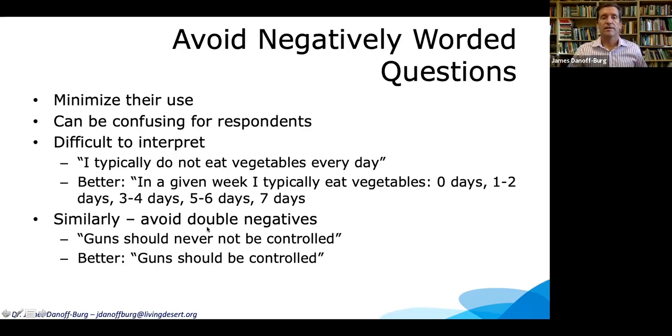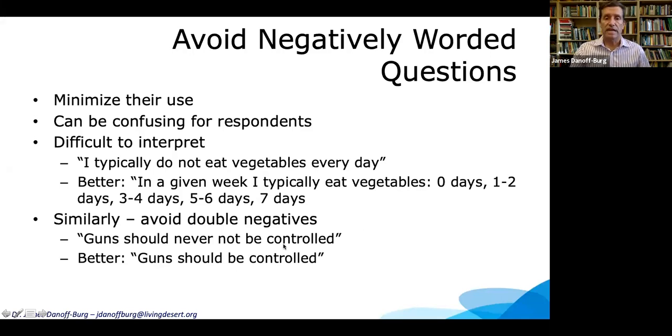Similarly, you'll notice that this had the negative in it, that I typically do not eat vegetables. And the reworking of it does not say negative. It says in a given week, I typically eat vegetables. And people could say, I never eat vegetables. Right?